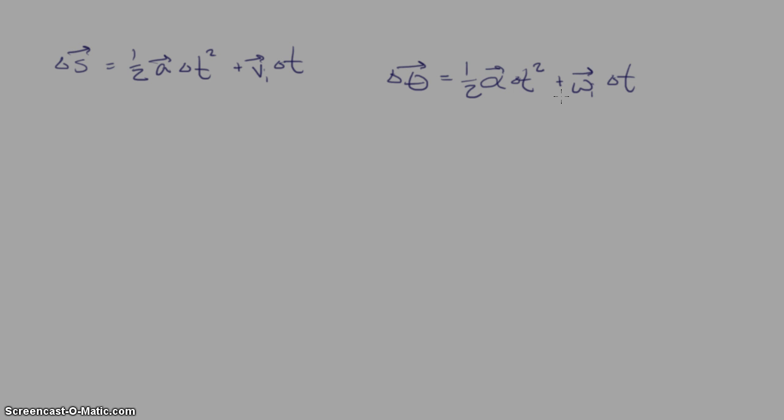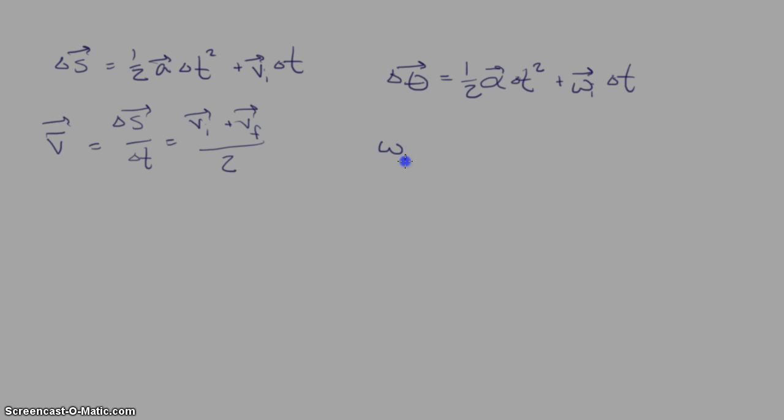It's the same relationship. The only thing that's changed is now we're talking about angular quantities or rotational quantities instead of the translational ones, the linear ones. Okay, here's another one. Listen. Average velocity equals displacement over time, or initial velocity plus final velocity over 2, provided, of course, that we have constant acceleration.